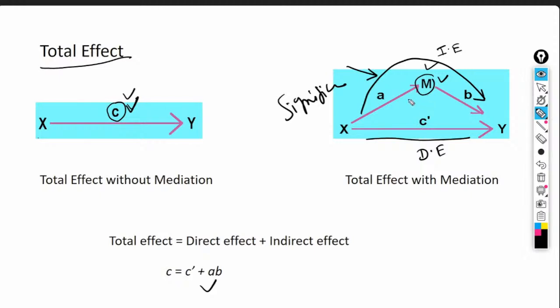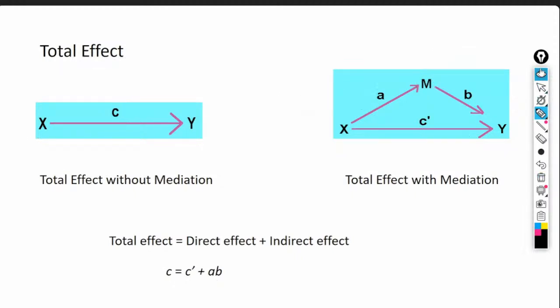Then we can check whether, in the presence of the mediation, X and Y are still significant; then the mediation would be partial mediation. It means this mediating variable is not fully controlling the relationship between X and Y. When the relationship between X and Y is insignificant, it means the mediating variable is fully controlling the relationship between the dependent and independent variables.